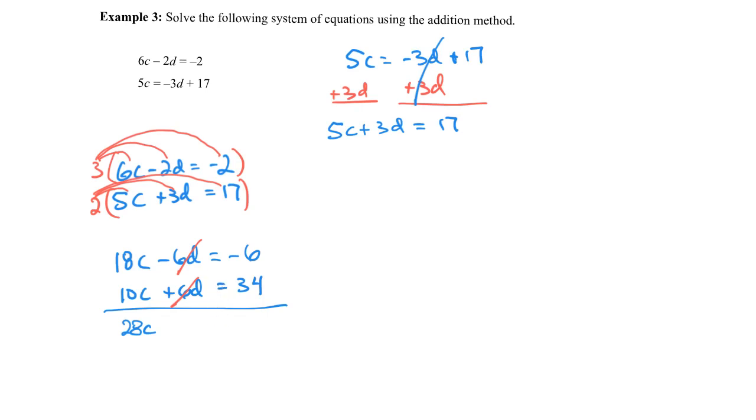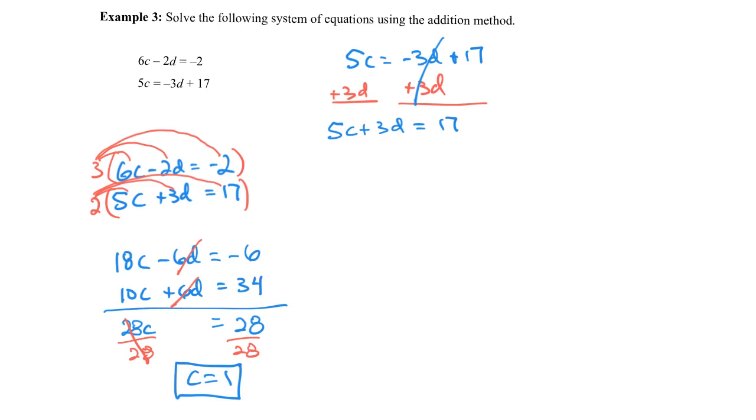It's an equation, so I'm going to have an equal sign here too. When you add two equations, you get another equation. Then negative 6 plus 34 gives us 28. So 28c equals 28. So that's an easy equation to solve. Divide both sides by 28. And you get c equals 1, which means we got half of our answer.